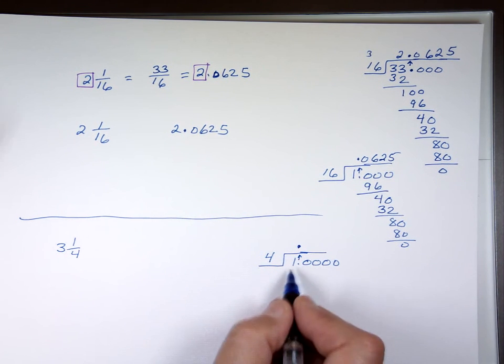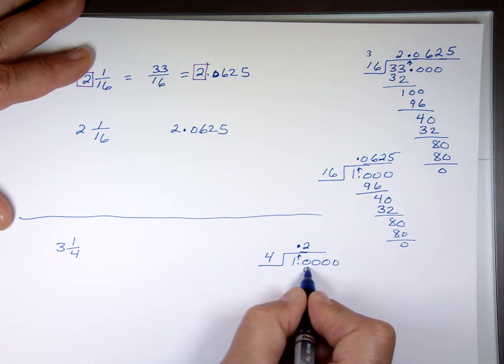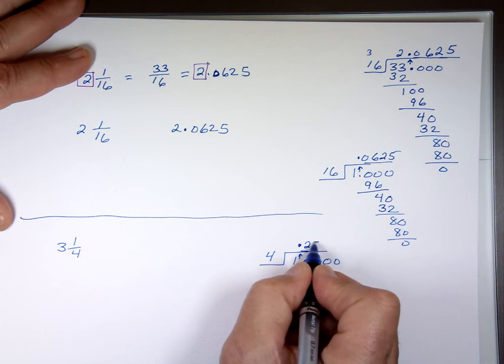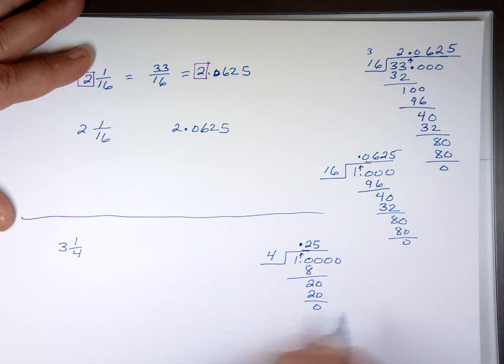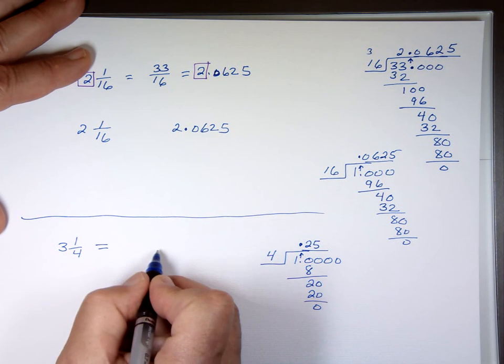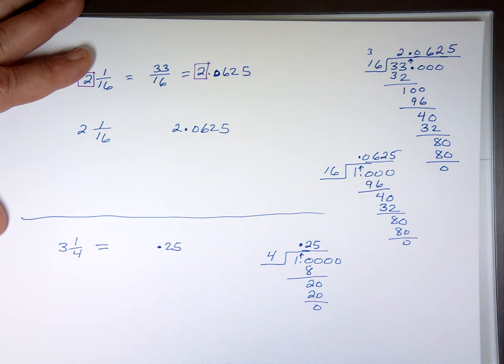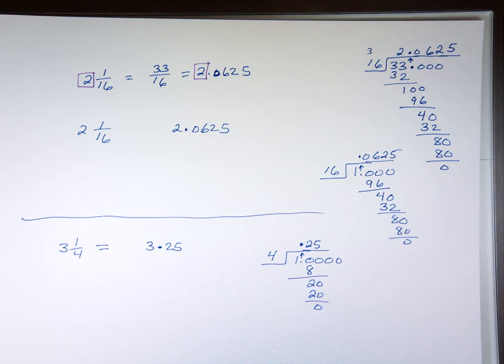How about 10 by 4? 2. 2 times 4? 8. 20 by 4? 5. 5 times 4? 20. Remainder 0. You're done. Your answer is going to be 0.25. That's for the 1/4. What about the 3? Just put it in the front. 3.25.